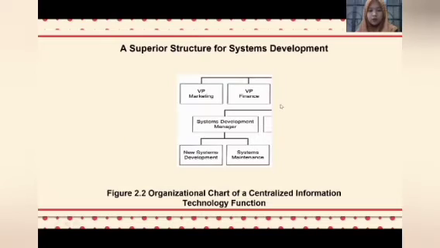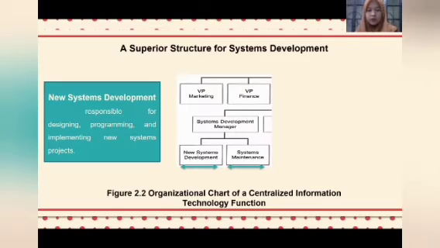A superior structure for systems development. Figure 2.2 presents a superior organizational structure in which the systems development function is separated into two different groups: new systems development and systems maintenance. The new systems development group is responsible for designing, programming, and implementing new systems projects.